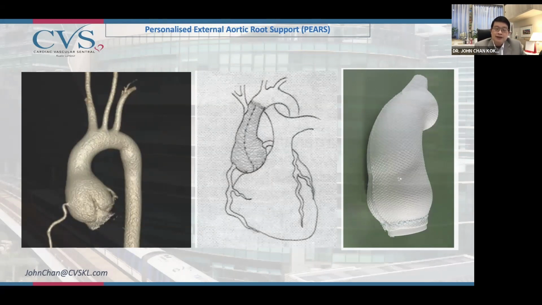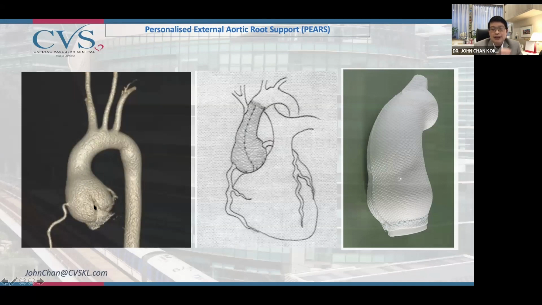And this procedure has to be customized for each patient. What we typically do is a CT scan of the aortic root, and from that we get very precise measurements of the geometry of the aortic root and the ascending aorta.